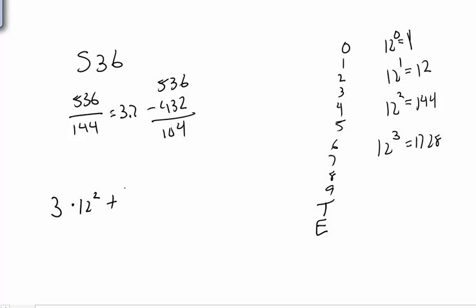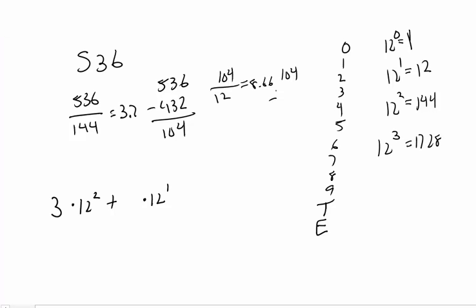Okay, so then I'm going to go to the 12 to the first power position. 104 divided by 12 goes in there about 8 times, 8.66, right? So I want 104 minus 12 times 8.